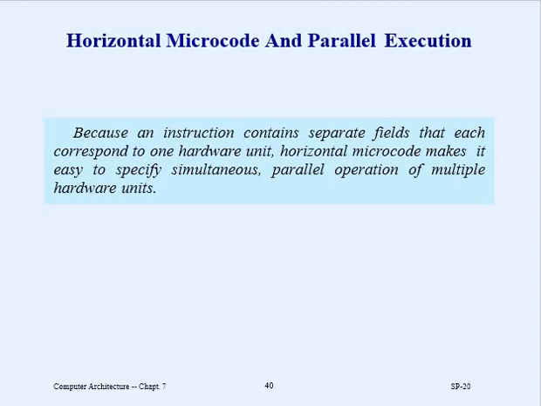Because an instruction contains separate fields that each correspond to one hardware unit, horizontal microcode makes it easy to specify simultaneous parallel operation of multiple hardware units. This we have already explained in the last slide.